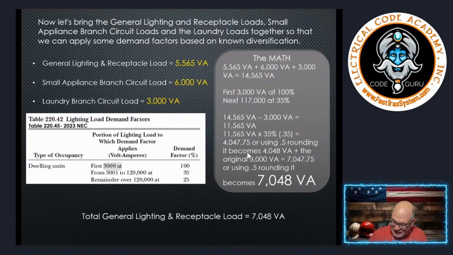I'm going to put a big N on the right side of my form and write 7,048 out here to the side, because all of those loads we just talked about are neutral loads, right? So that's most certainly going to be used in our calculation for the neutral. I'm just saving me some time, that's all.